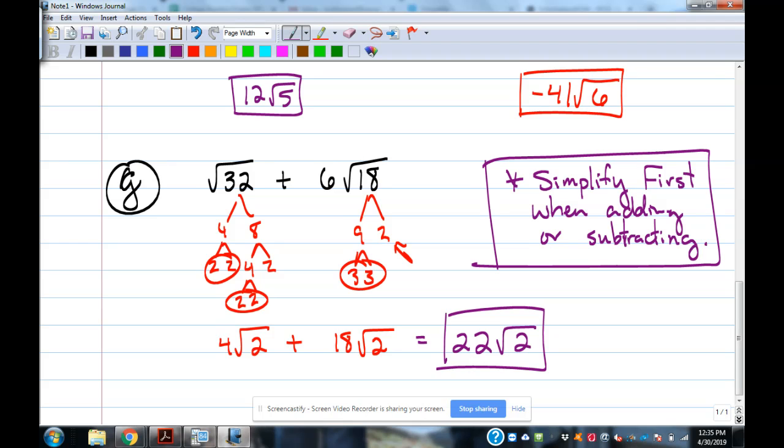Do that first so that you can get like terms. If they're already like terms, you can go ahead and put them together. But you've got to simplify no matter what. So with addition and subtraction, simplify first, then do your adding and subtracting. That's the way you're going to find like terms.